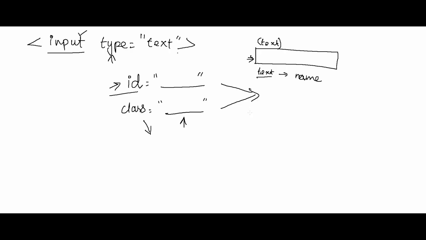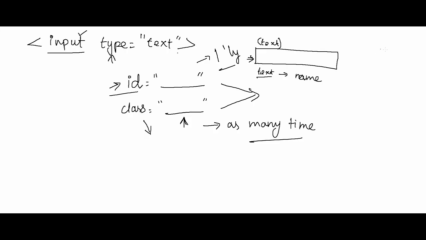Similarly, this class name can be used as many times as we want. But in the case of ID, only once. This is the main difference between ID and class.